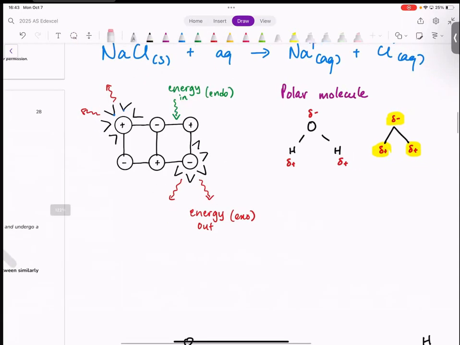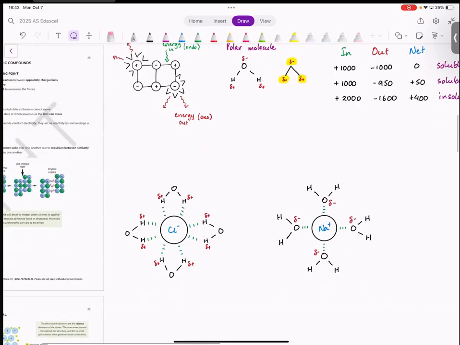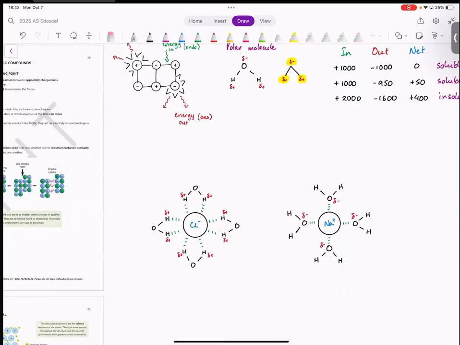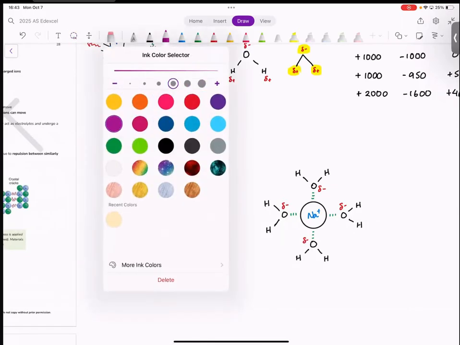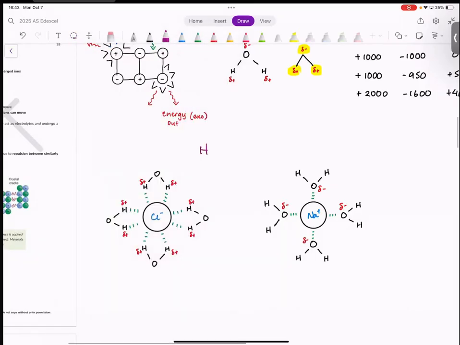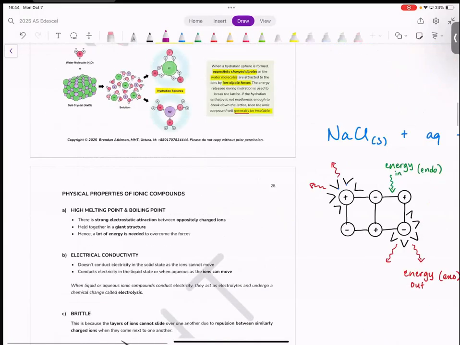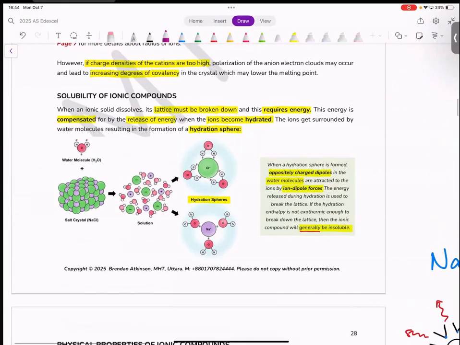Right, moving on. So these are the hydration spheres. I'll just label this for people who look at the board. Okay, and finally, I'm moving past this.